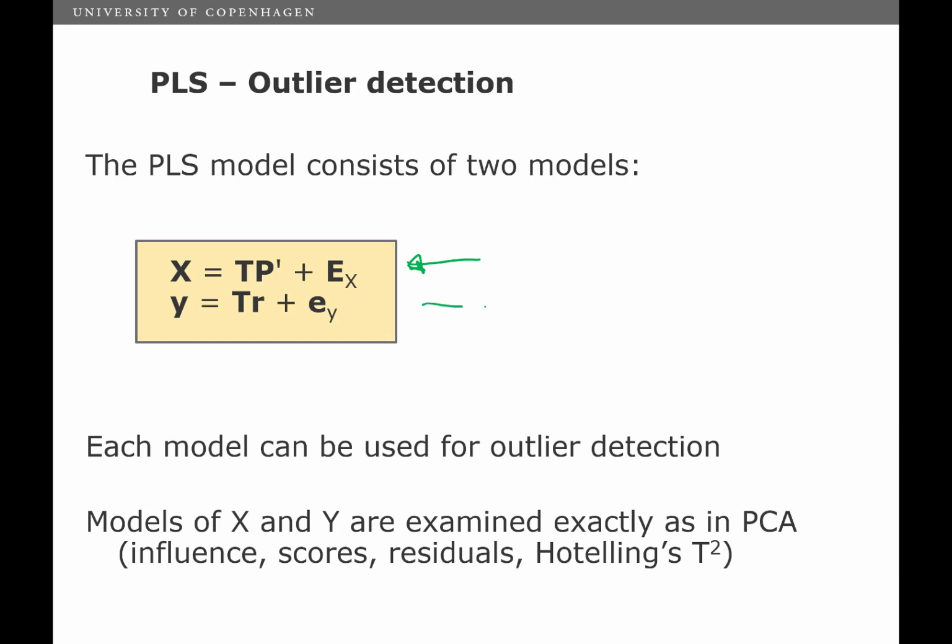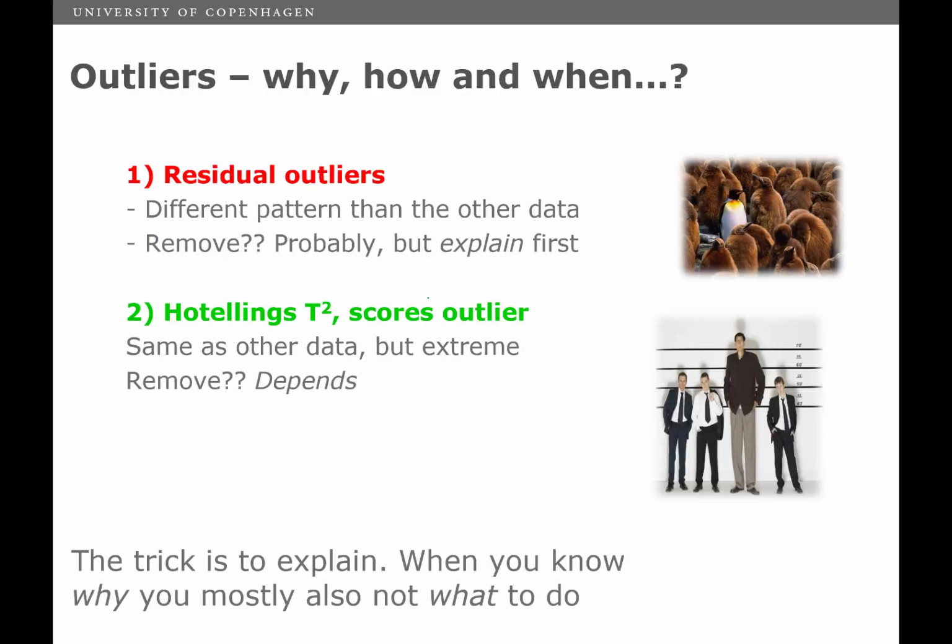And then, of course, we also have a model of Y, predicting Y from X. So we get access to standard regression diagnostics, Y predictions, validated predictions, and things like that. So you can use all these different models to look into your model and understand problematic samples, for example.